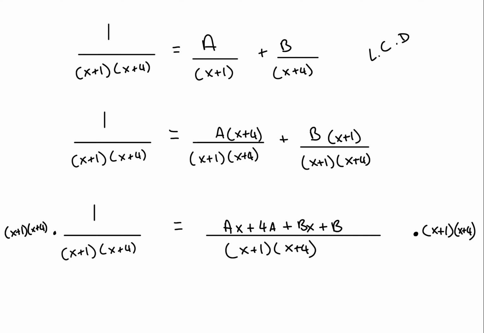What will happen is I get doing and undoing. I'm multiplying by x plus 1, I'm undoing, I'm dividing by x plus 1. I'm doing the same thing on this side. I'm multiplying by x plus 1, I'm undoing, I'm dividing by x plus 1. Over here, I am multiplying by x plus 4, I'm doing, and I'm undoing, I'm dividing by x plus 4.